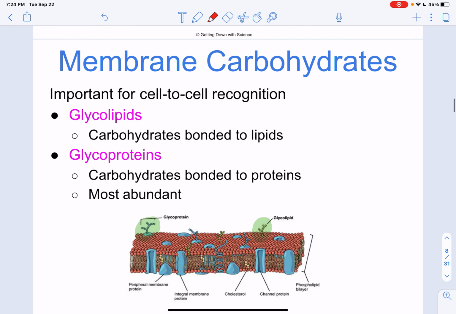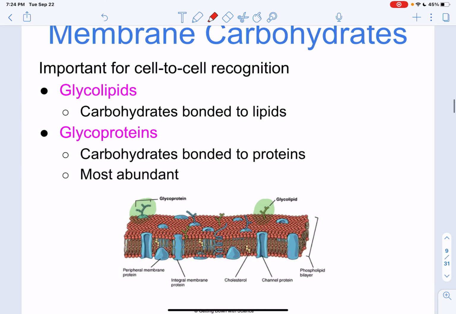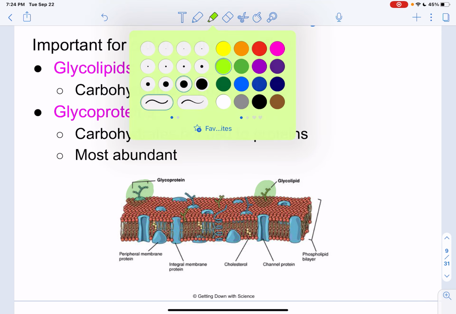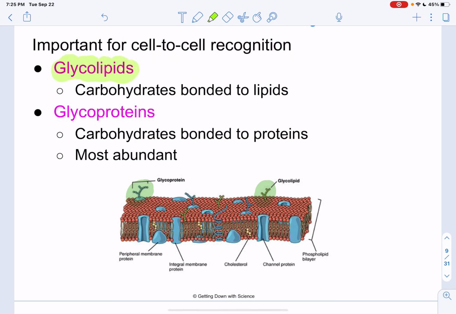Next, we're going to talk about the membrane carbohydrates. So we have two types of membrane carbohydrates. We have glycolipids and glycoproteins. When you see the word glyco, we mean carbohydrate, and then the rest can speak for itself.